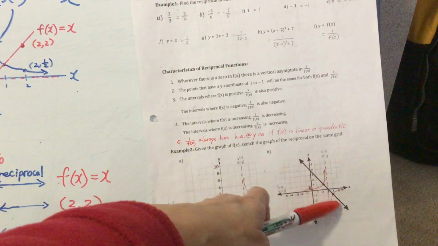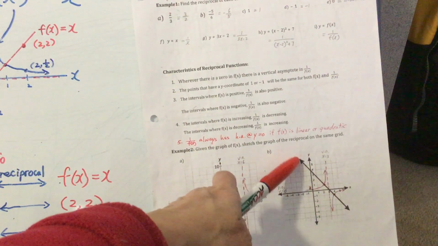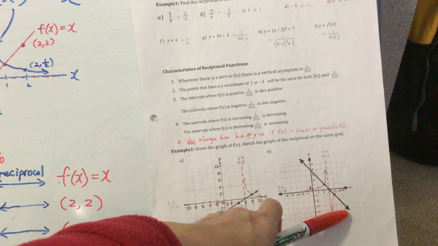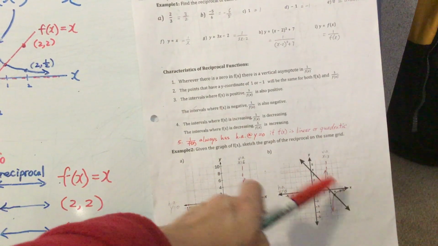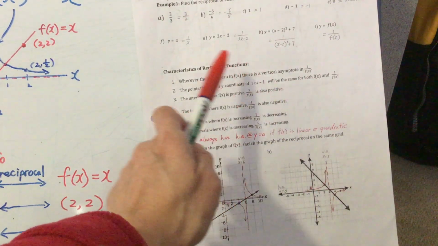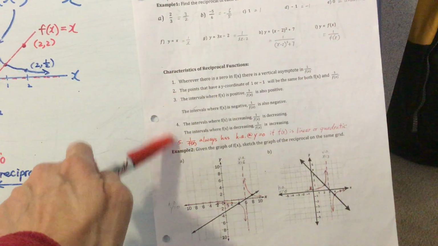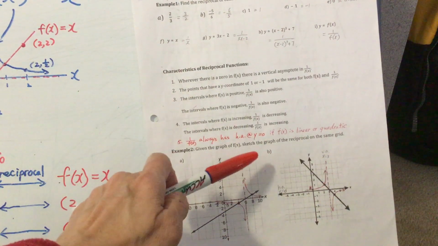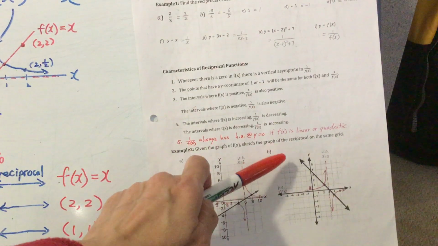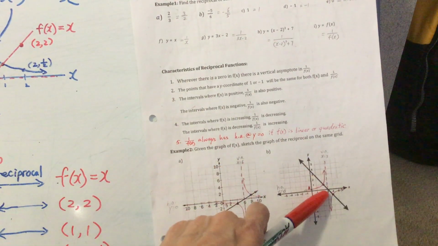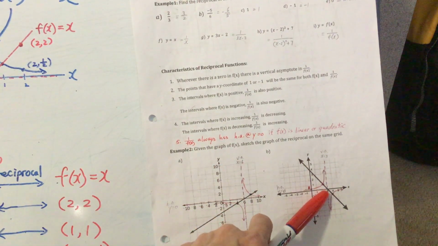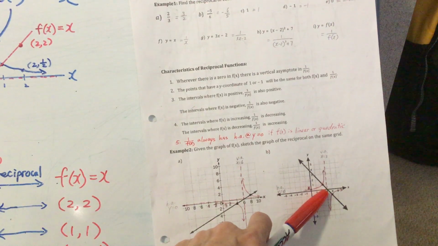Okay, so let's look at the next example. It is another linear again, but this is a line with a negative slope. Okay, it doesn't really matter, but if we go by those checklists, the first thing I will make note of is the vertical asymptote, or where the linear is crossing the x-axis.